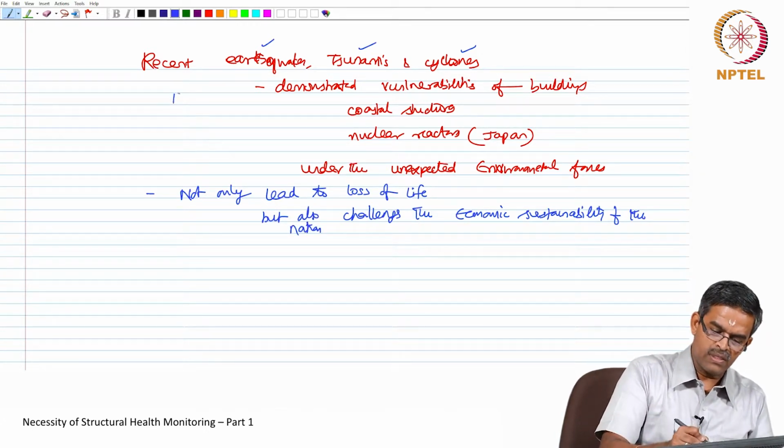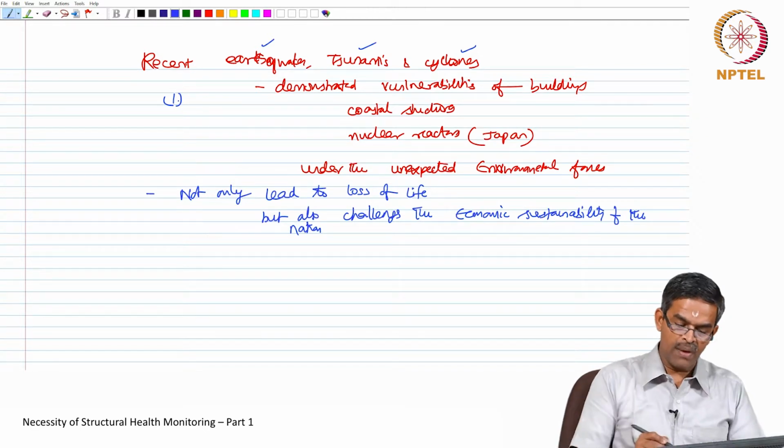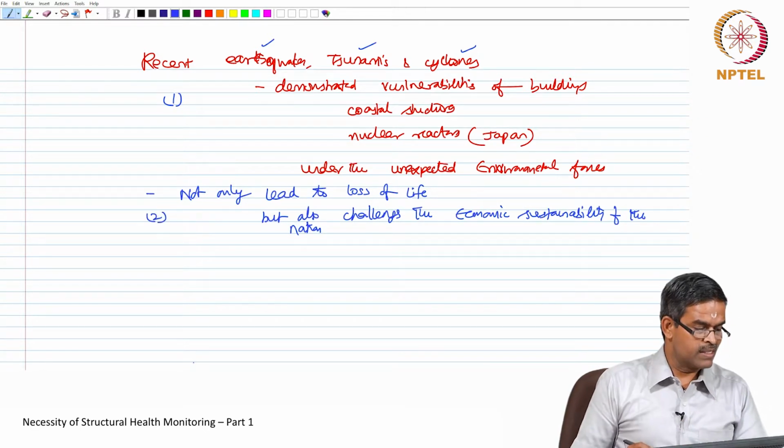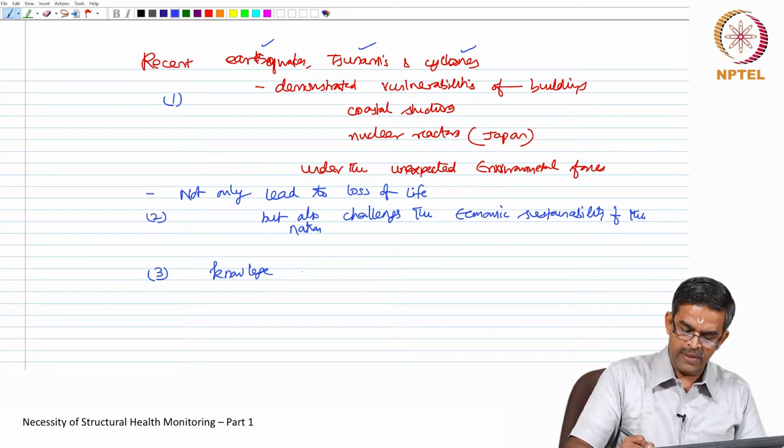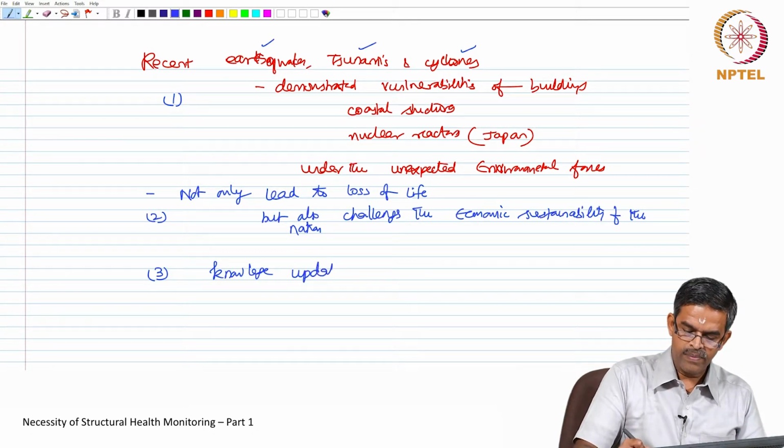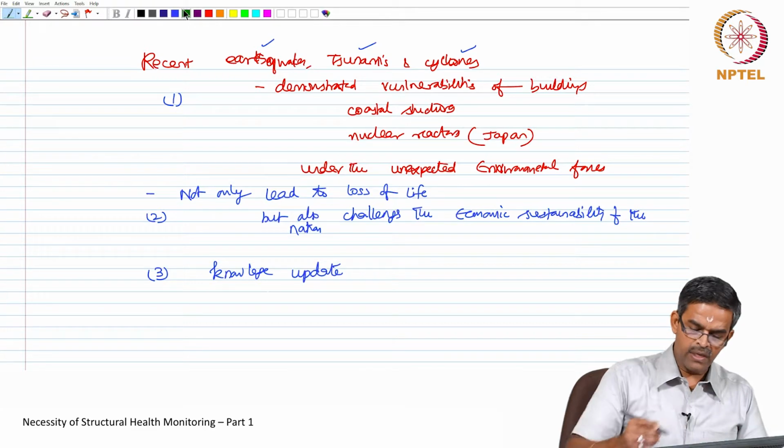So, the first necessity is preparedness for these natural calamities. The second necessity is this. The third is, let us say, knowledge update. I will show this with an example.